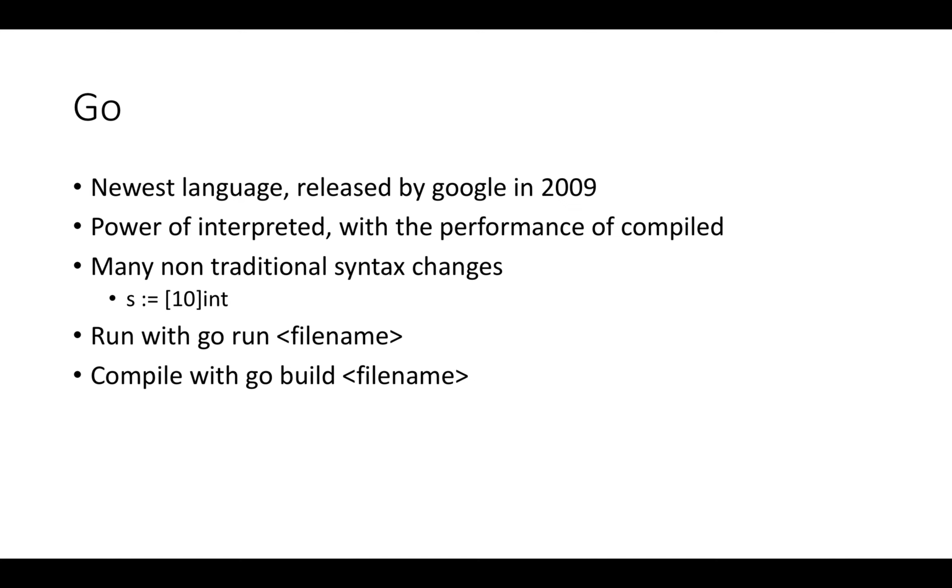So the whole point of Go is it's the power of an interpreted language with the performance of a compiled language. But at least I think there are a lot of odd things that were changed in Go that weren't necessarily required. For instance, this is how you would declare an array of 10 integers in Go.